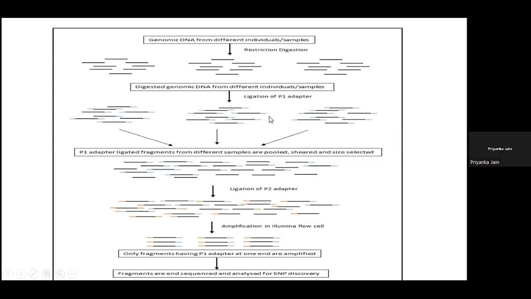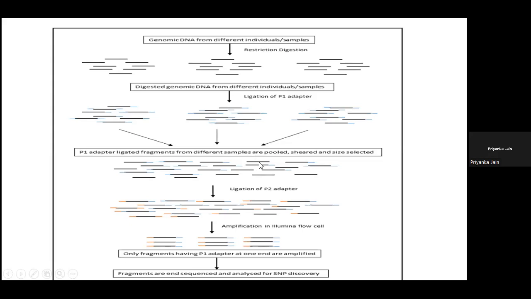I told you on the earlier slide that P1 is an adapter used during the process of preparing the library for sequencing. This adapter is added, and this P1 is shown in blue color. This P1 ligated adapter fragments from different samples are now pooled.